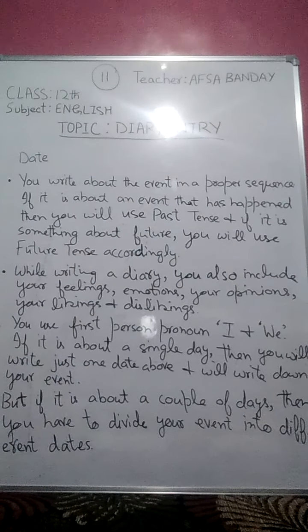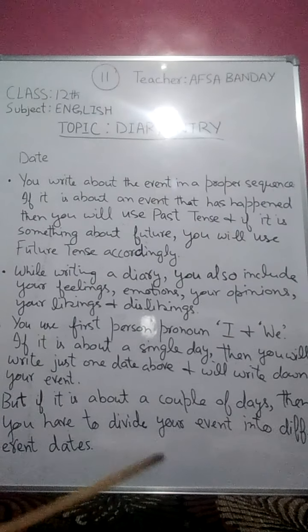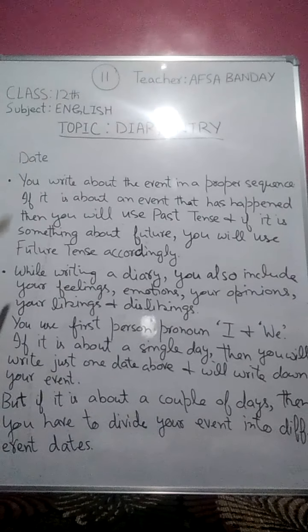While writing a diary, you also include your feelings, emotions, your opinions, your likings and dislikings. So you can use personal pronouns I and we. If your diary entry is about an event of just one day, then you will write just one date above and write down your event.